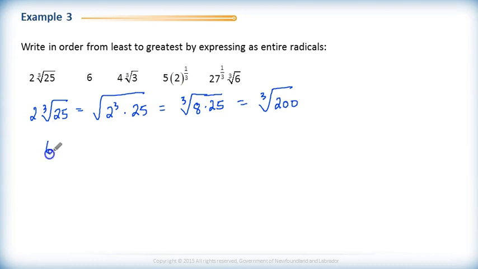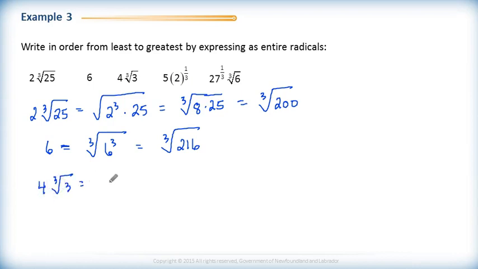The 6, that's not under a root sign, but we want to compare it to other cube roots, so we have to express it as the cube root of something. It's the cube root of 6 cubed. The exponent has to be the same as the index. So we've got the cube root of 216. Meanwhile, 4 times the cube root of 3.